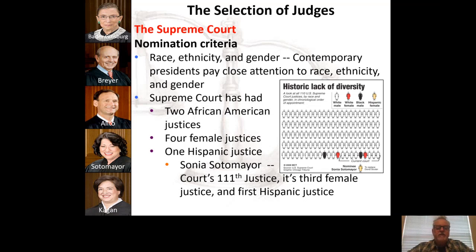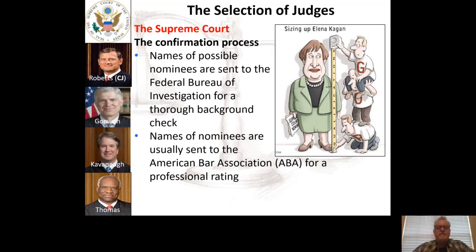In the last 50 years, we've started considering things like race, ethnicity, gender. When we look at the court, does it have a balance to it? We've had 2 African-American justices who served on the court, 4 female justices, and 1 Hispanic justice.